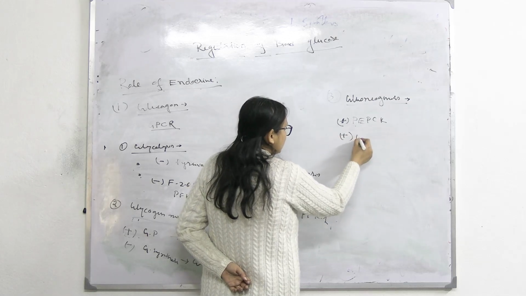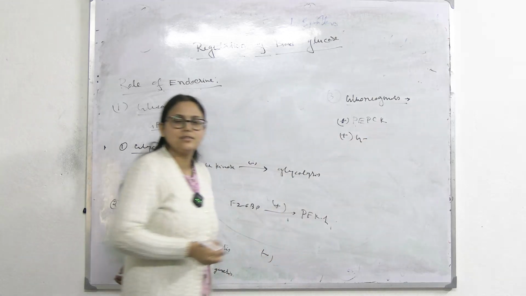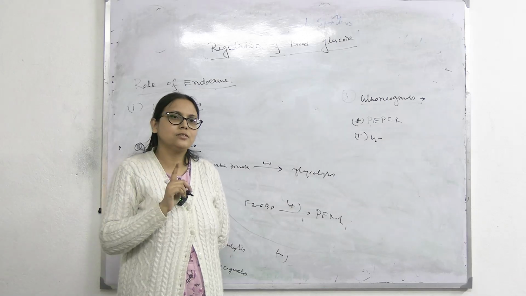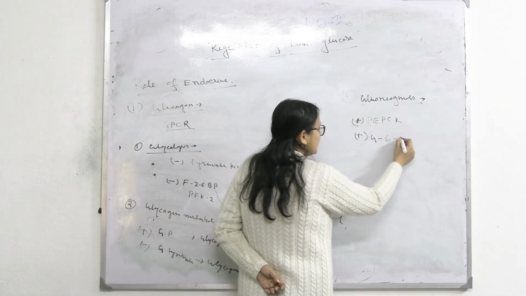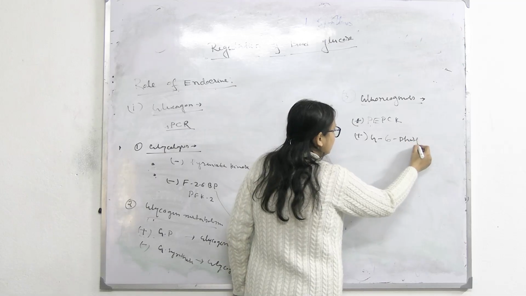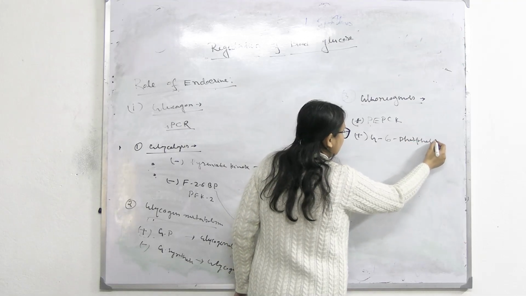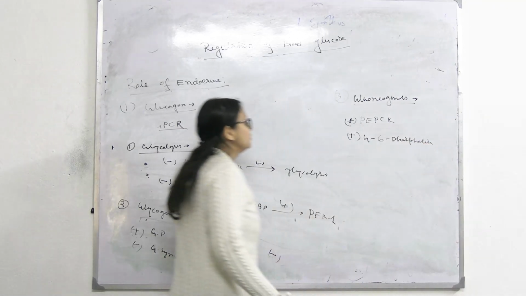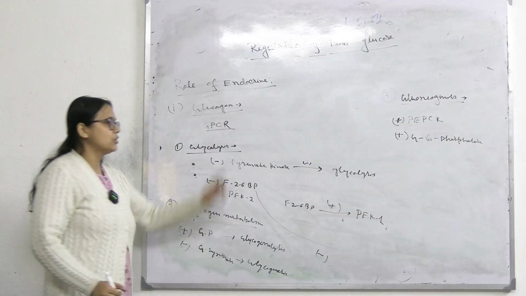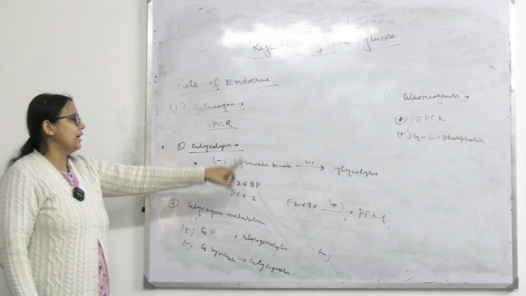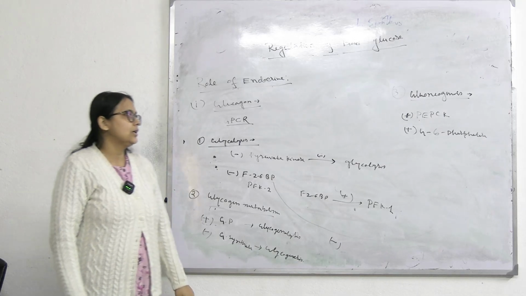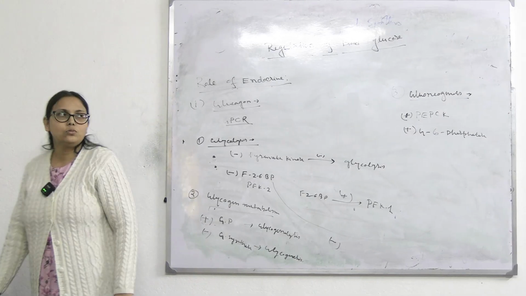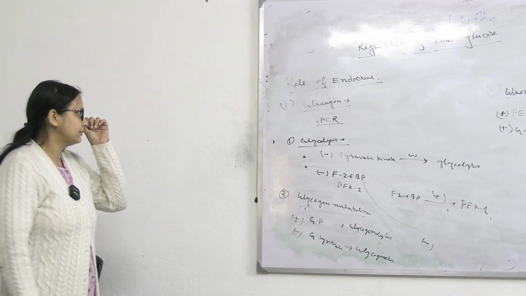It also activates glucose 6-phosphatase. Glucose 6-phosphatase is also a regulatory enzyme for gluconeogenesis. So glucagon activates phosphoenol pyruvate carboxykinase and it also activates glucose 6-phosphatase. These both are the regulatory enzymes for gluconeogenesis.